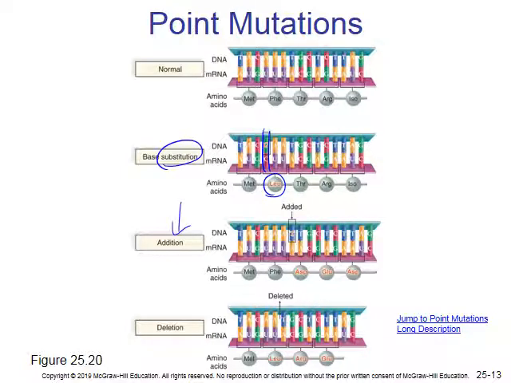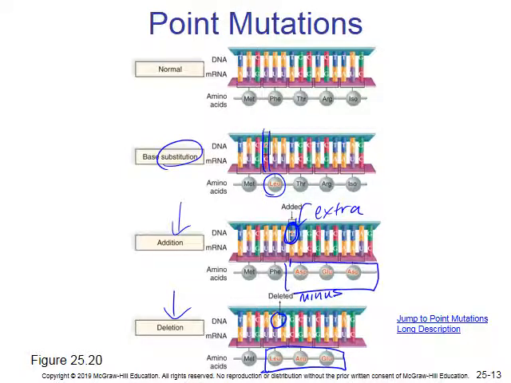You can also have an addition or a deletion. So we have an extra added nucleotide, or we've deleted a nucleotide, and either way, it affects not just one amino acid in the sequence, it affects all amino acid sequences after.